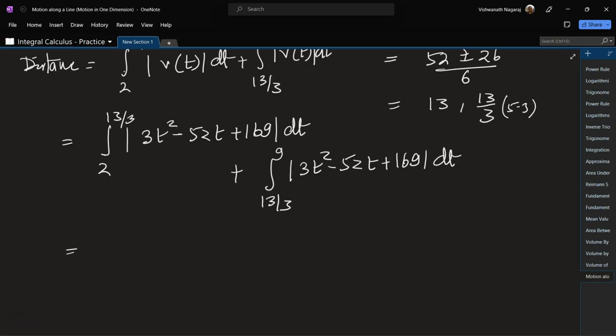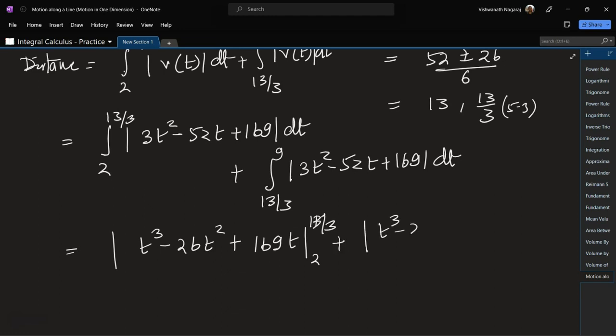Okay, now let's integrate it. What do we get? 3t cube by 3, that is t cube, minus 26t square plus 169t from 2 to 13 by 3, plus t cube minus 26t square plus 169t from 13 by 3 to 9.